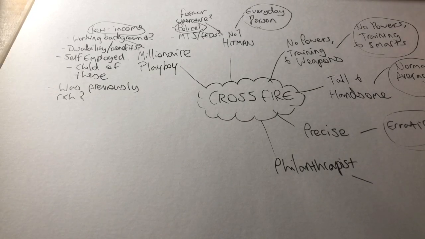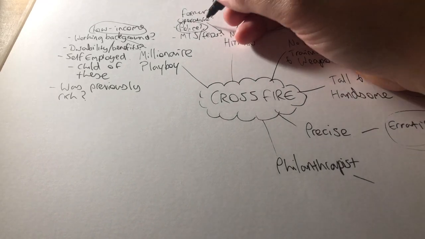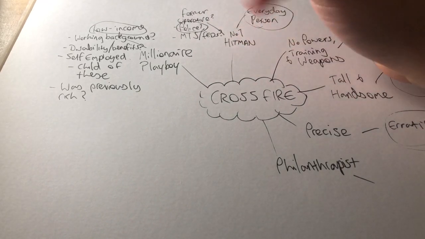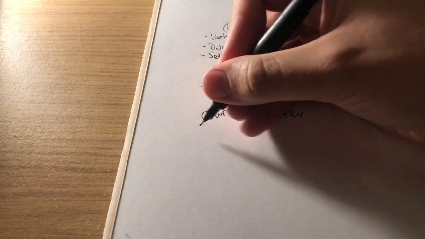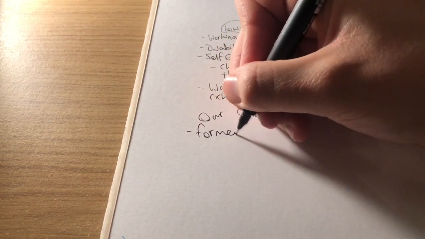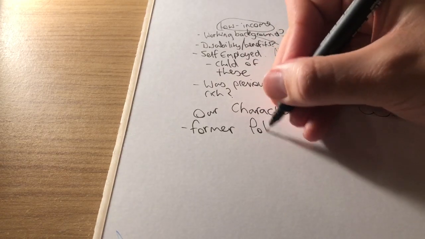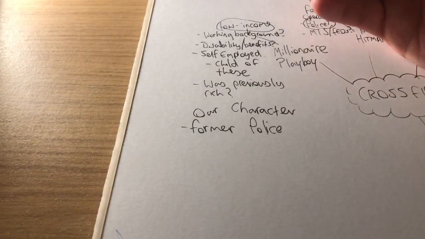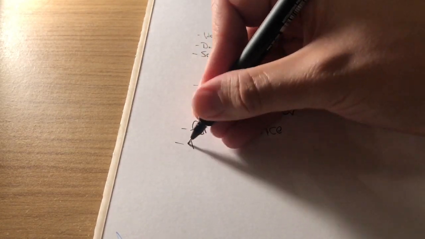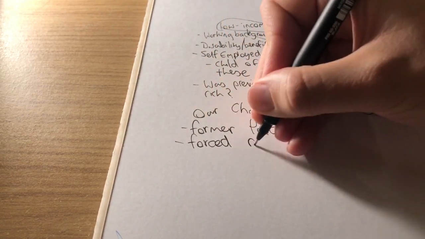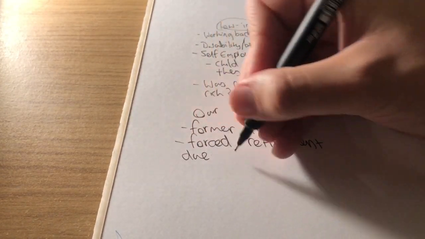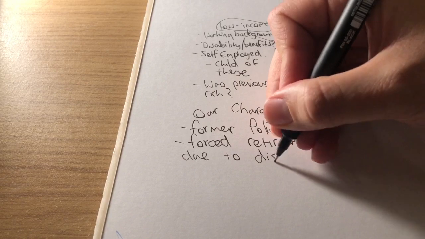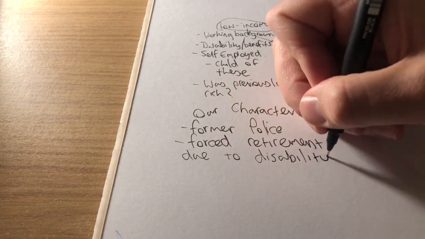So I'm thinking, what if we go with this story? So our character, former police, forced retirement due to disability.